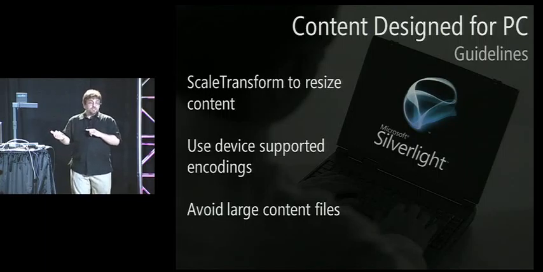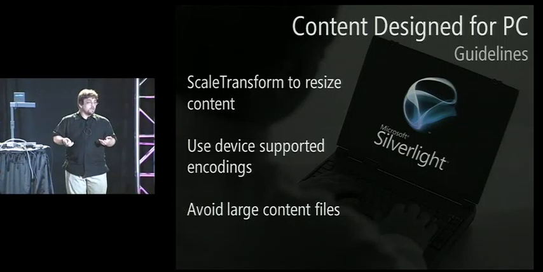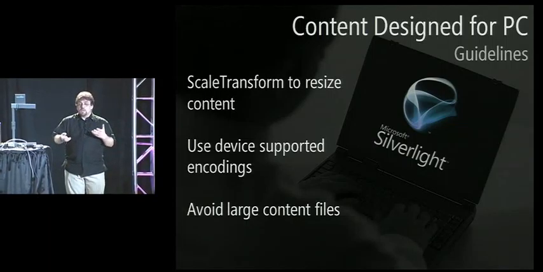It's important, as I mentioned about the media stack, to use encodings that are supported by the device. We do not install any codecs with Silverlight for mobile. We use what's on the device today. And in talking about content files, when you deal with encoded files, things can get rather large. This is audio or video.